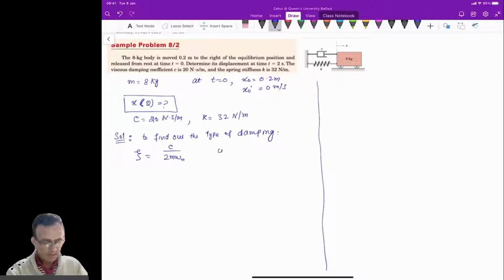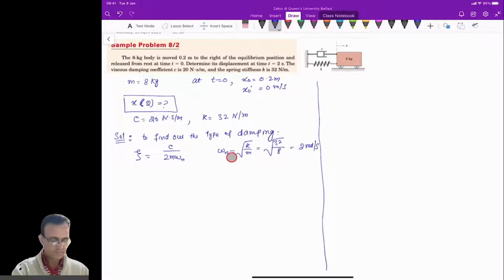Now we can calculate omega n, which is the square root of k divided by m, and k is 32, and m is 8. So this will become equal to 2 radian per second. So this is the omega n.